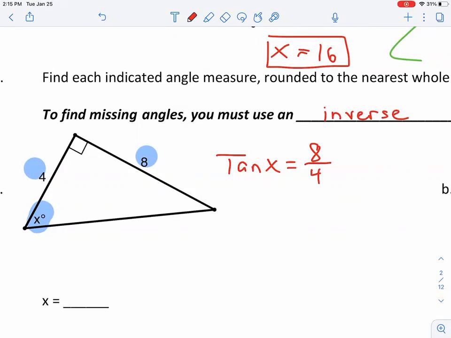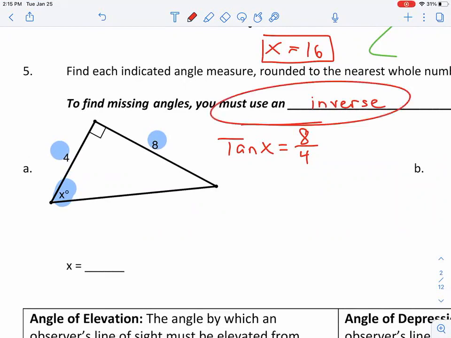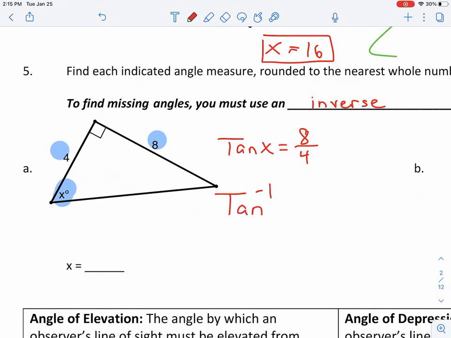Now, to find that angle, we have to use the inverse button. So here's what we do. We do the inverse tangent. Remember, that's the tangent with a little -1 of 8 over 4, or 2. Okay, you can find the inverse tangent of 2. It's the same thing.